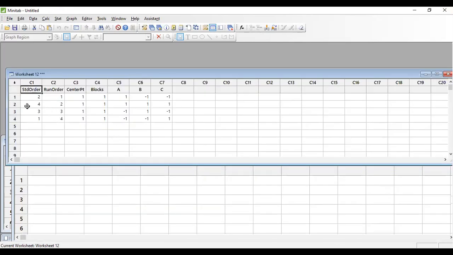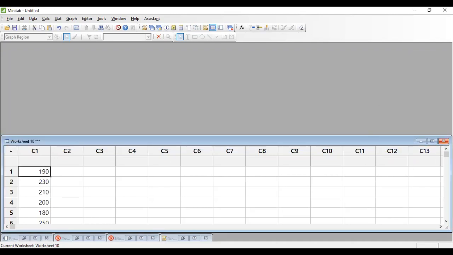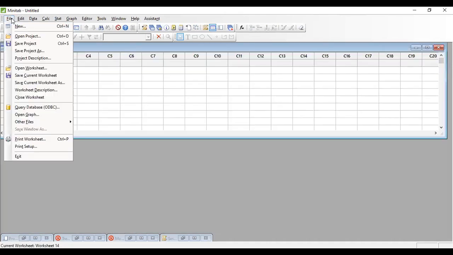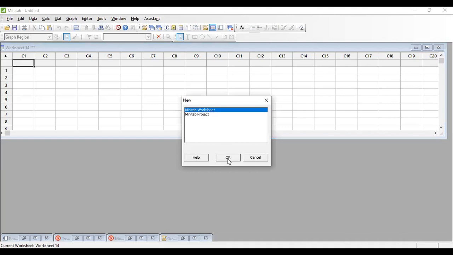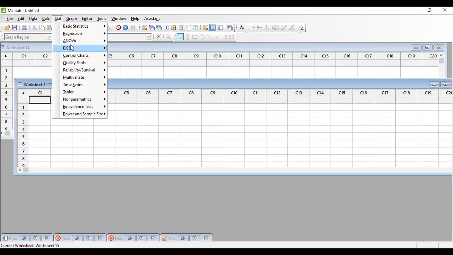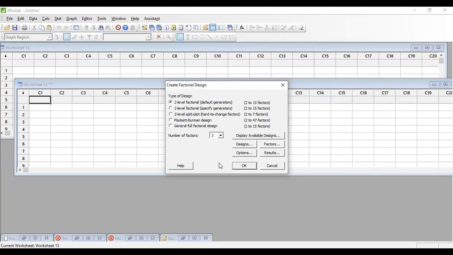Here you can see how we use it, right? Then I'll do it. The next one: Stat, design of experiment, factorial design, create design, 2-level.